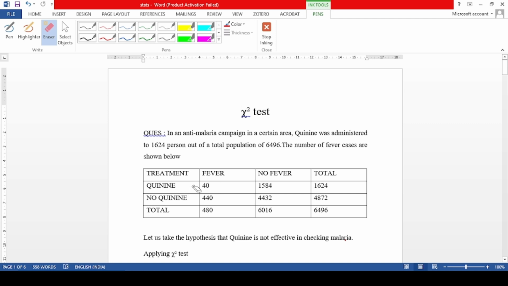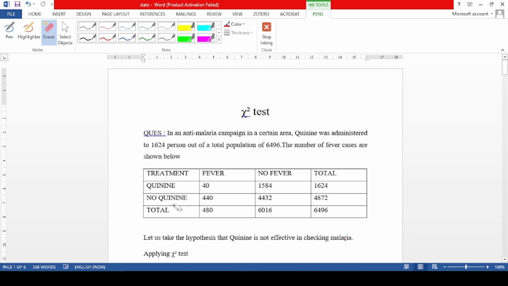The question says, after administration of quinine, how many people developed fever? Those were 40. After administration of quinine, how many people did not develop the fever? It was 1,584. After administering the placebo therapy, or the persons who were not given quinine, 440 people developed fever.